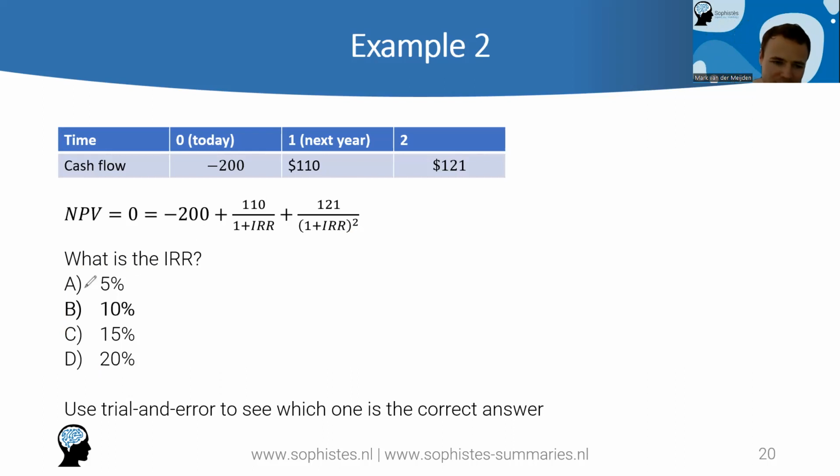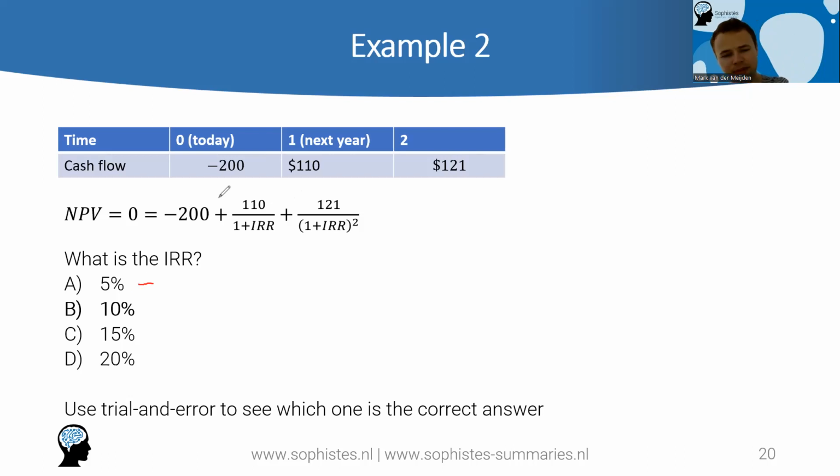So for example, if I first try this 5%, I fill in the 5% here. Do you think you get a really big NPV or really small NPV in this case? If I would try out this 5%, I insert it. Do you think I get a big NPV or small NPV? I think a big NPV.